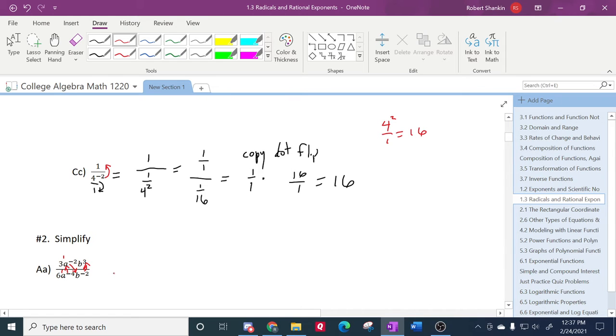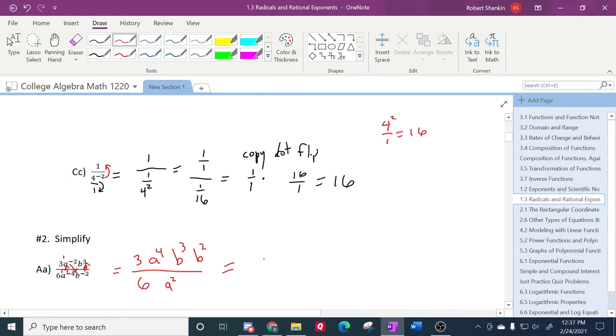So what I'm going to get is the 3 stayed put, the a to the 4th moved up, b cubed was already there, and b squared moved up to join it. And the only thing on the bottom is this 6, and then this a to the negative 2 moved down, became a to the positive 2.